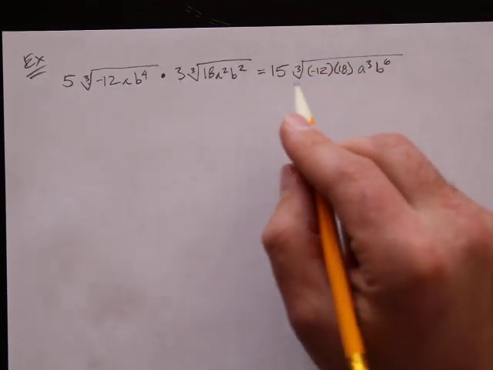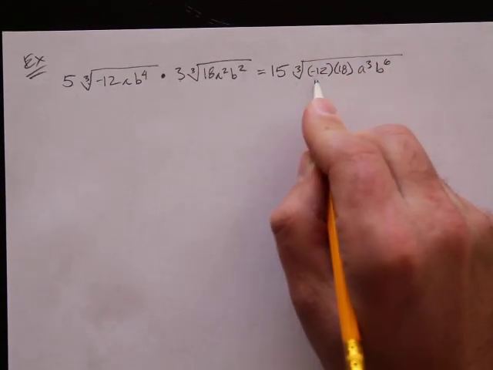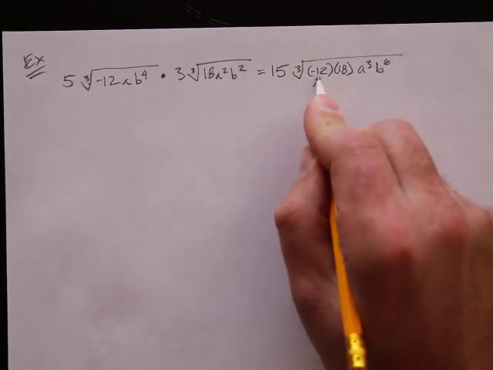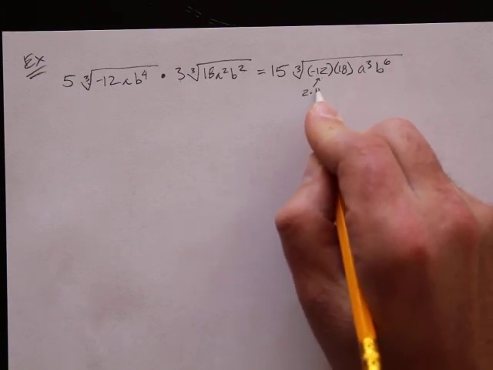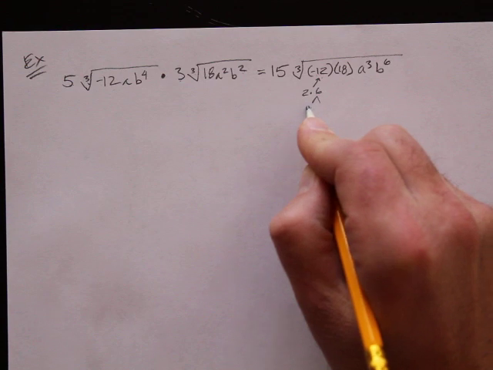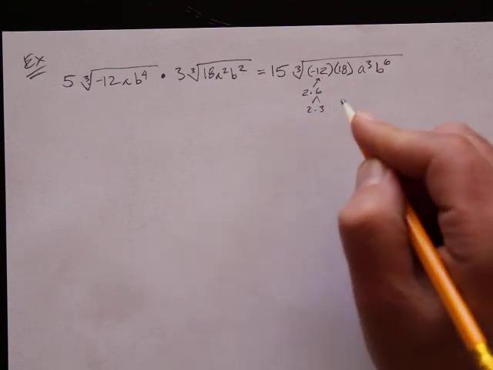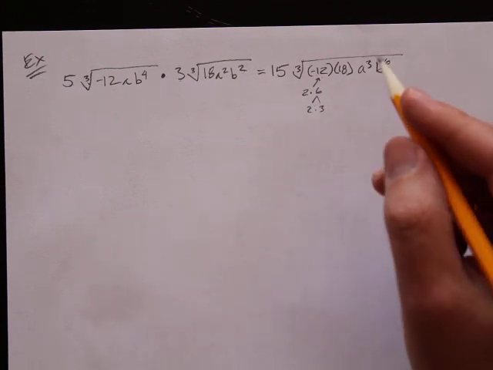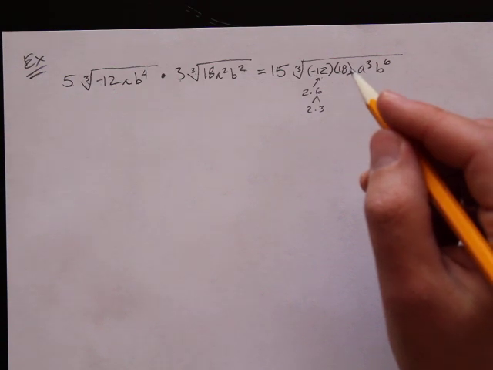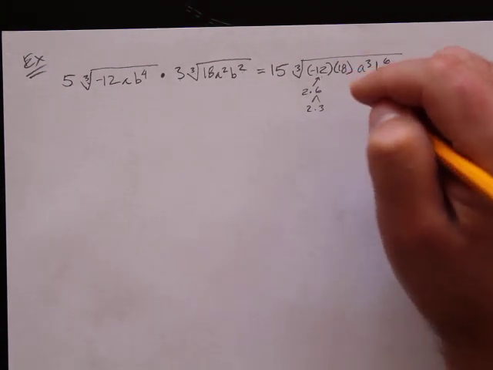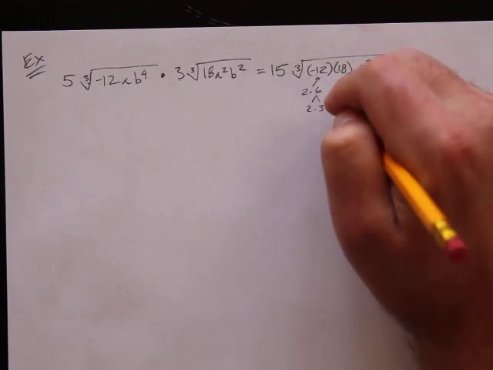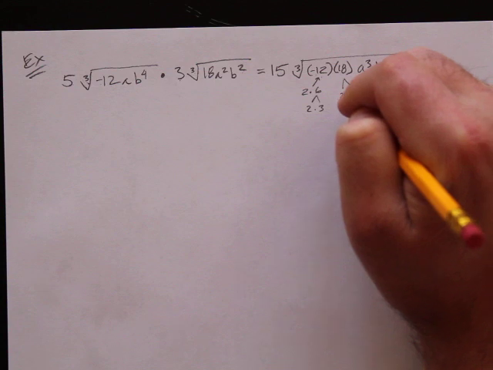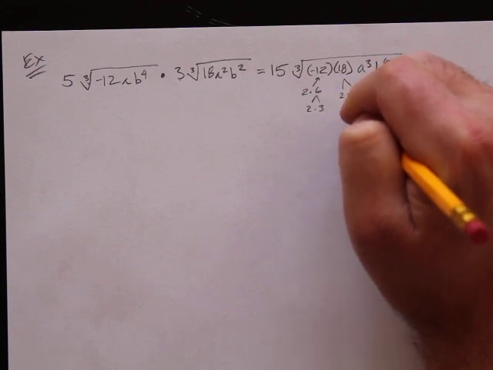All right, now I'm going to look at this 12 and this 18. This 12 is 2 times 6, 2 times 3. And this 18 is 2 times 9, 3 times 3.